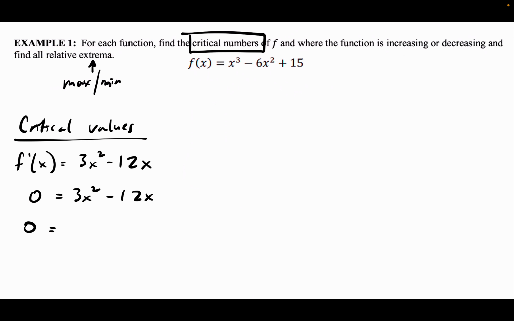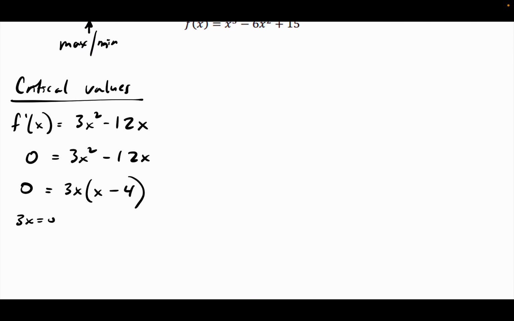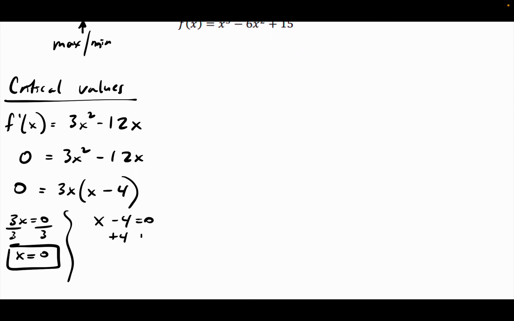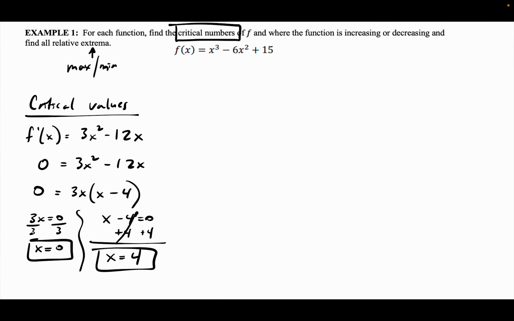They both can be divided by 3x, so 3x is the GCF. I'm going to set 3x equal to 0 and x minus 4 equal to 0. Then divide by 3, I get 0. Add 4, I get 4. So there are two critical values, at 0 and at 4.